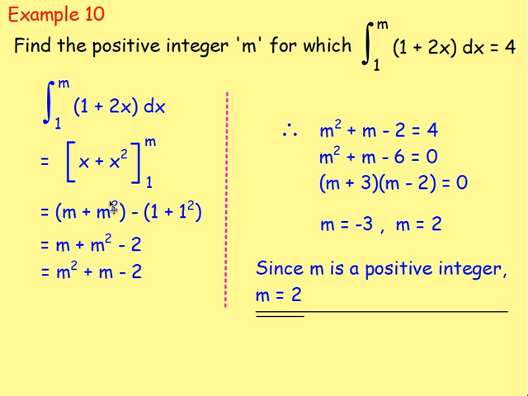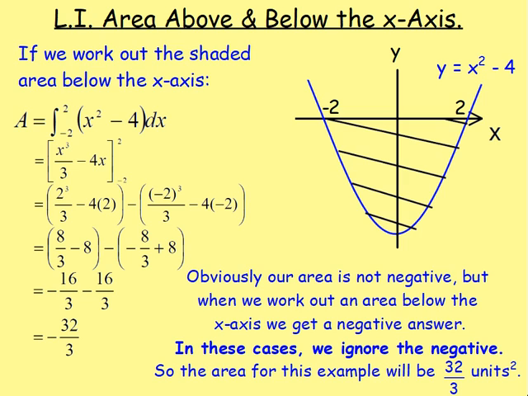You would sub in m, then you would sub in 1, and you subtract one from the other. And if you do that, you get m squared plus m minus 2. But you know when you do that, what you get out is 4. So set that equal to 4, and then you can solve that. Subtract 4 from both sides, factorize your quadratic, and then you get your two values. And since m is a positive integer, then m would be equal to 2 in this case.